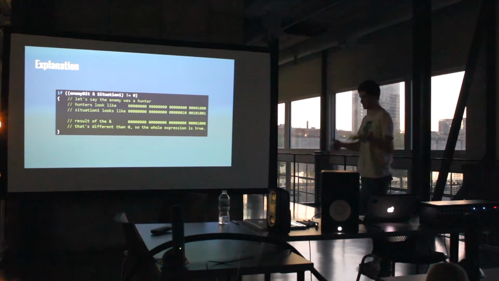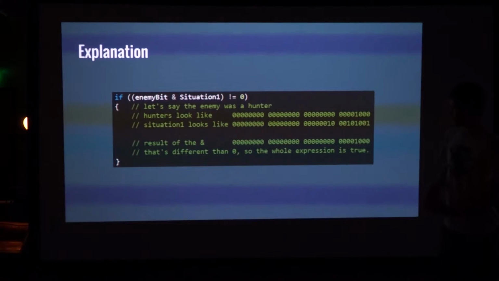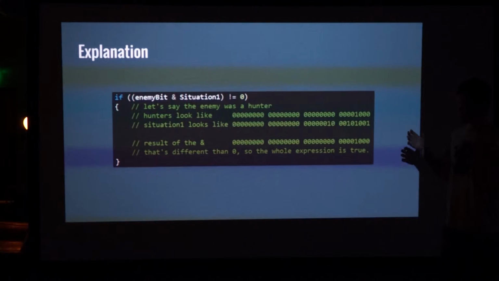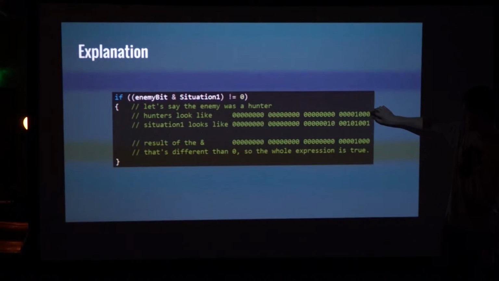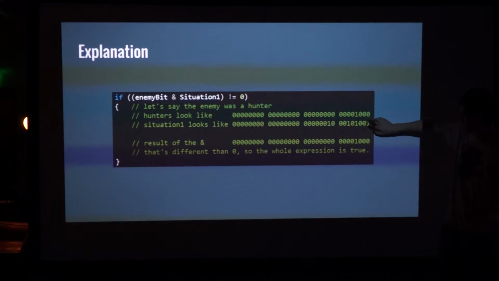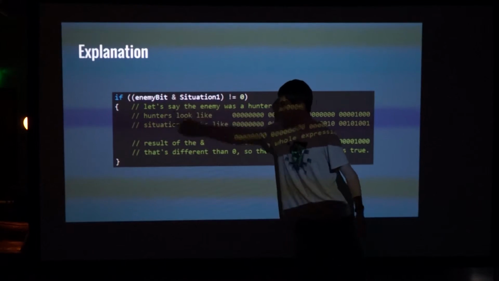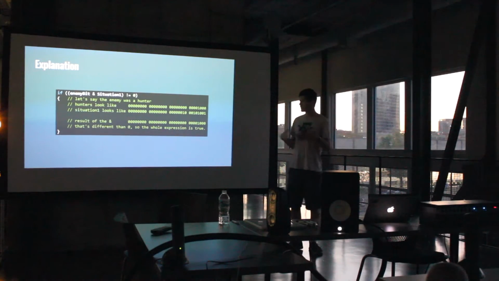Here, getting into some deeper details. Let's say the enemy that we encountered was a hunter, which has this pattern right here in binary. Situation 1, I showed previously, has this pattern, and we're using the AND sign, which is a bitwise AND.